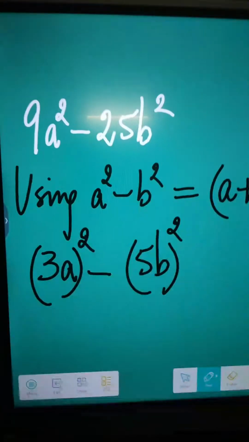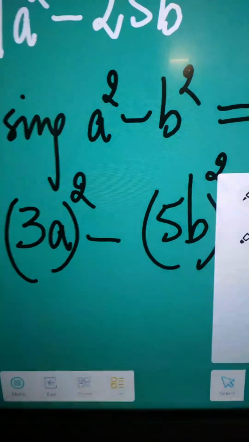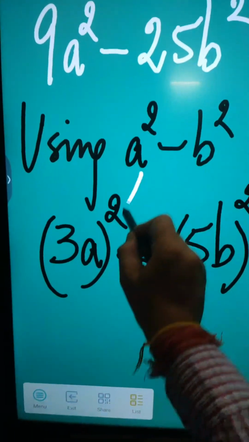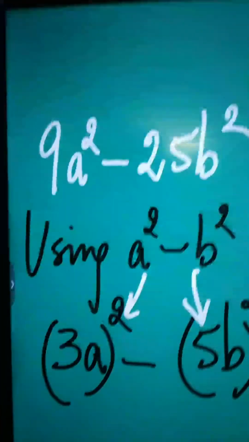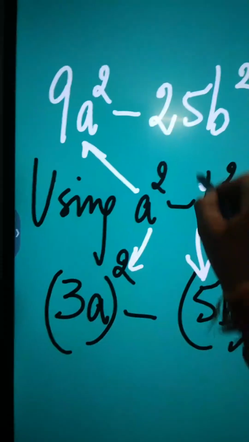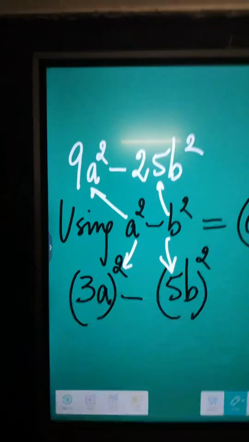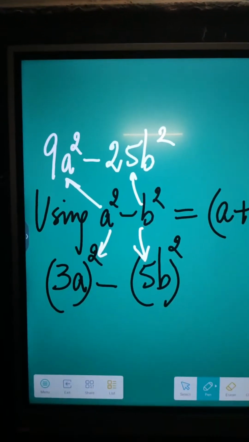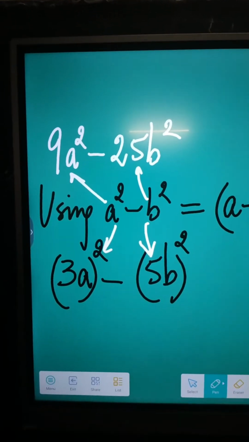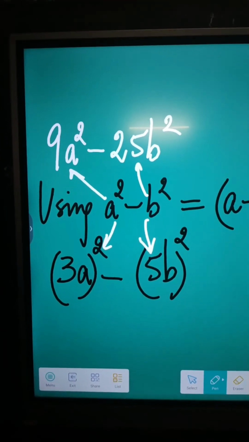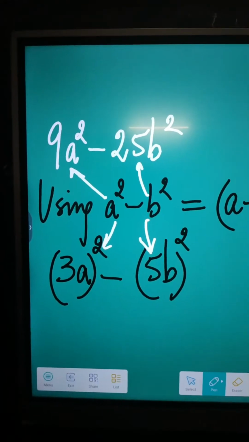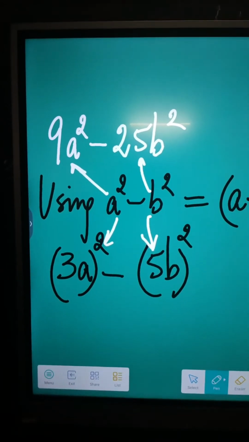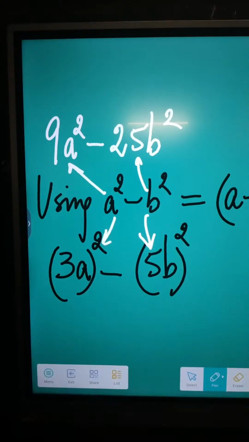Watch this step again. This expression is matching this formula. And this expression I have to write like the formula. Take screenshot or you note down this. Watch this part again so that you understand how it became 3a and 5b. What is a equal to?